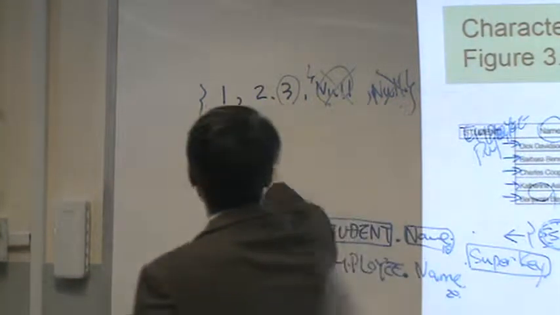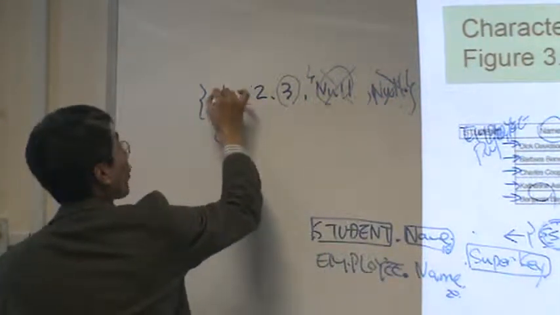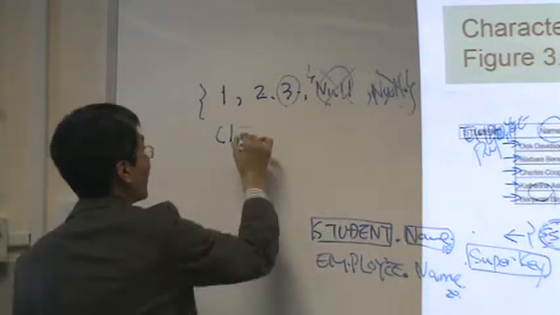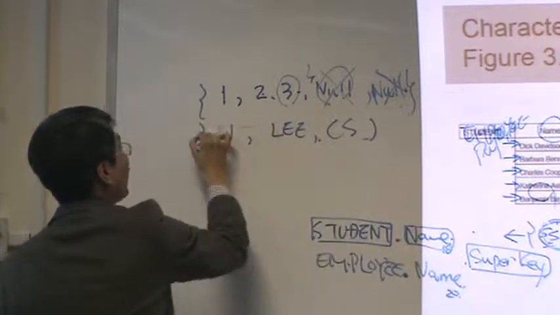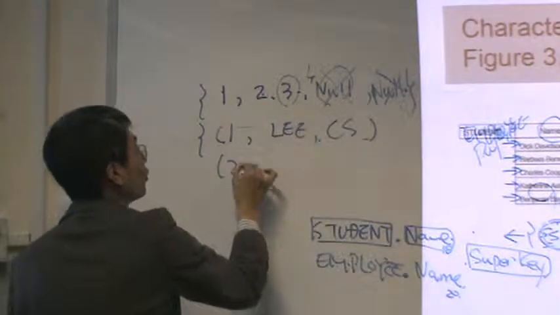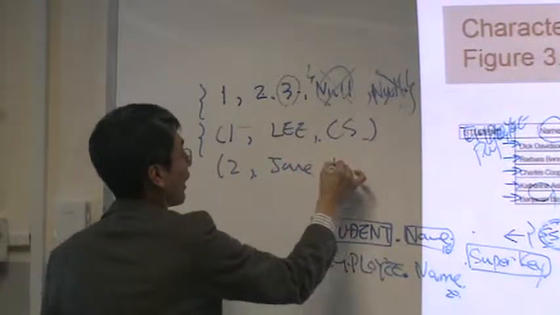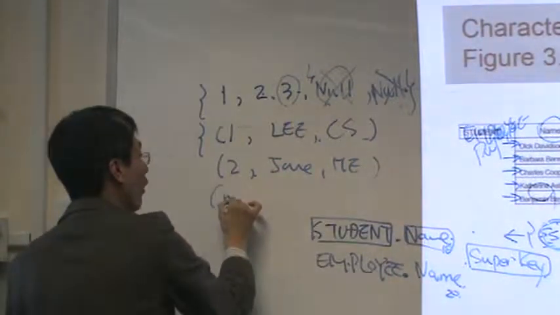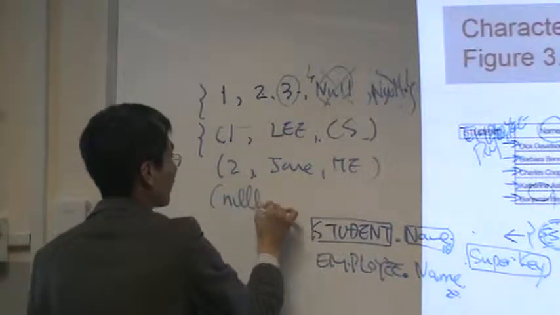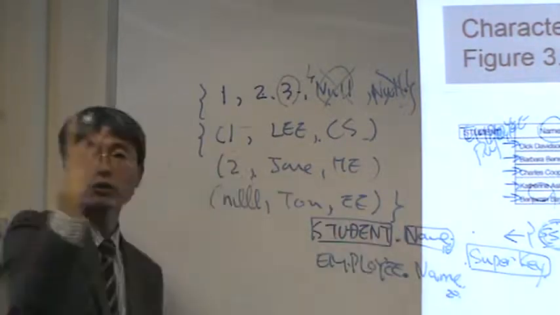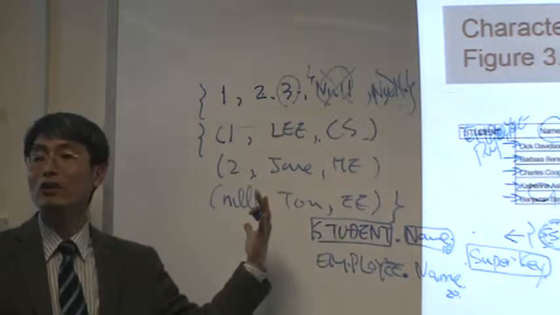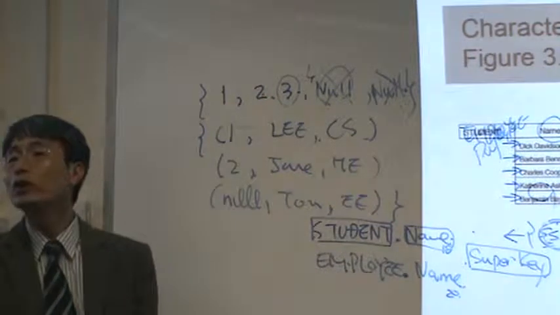More sophisticated: we are going to use this number as the key. Lee, CS, 1, 2, 4, and 2. James, Emmy, and null. Tom, E. We have three tuples in a relation. Is it unique or not?